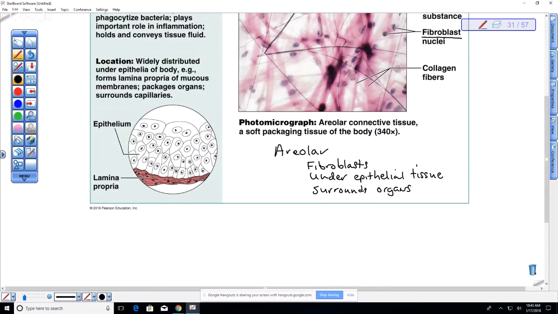Okay. It's also important in inflammation because it can store water. So when your tissues become inflamed, fluid is lost from the circulatory system and it goes out in here. So this plays a role in inflammation, because it holds water.